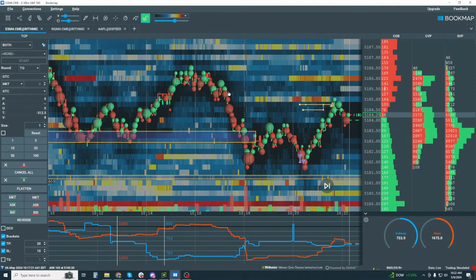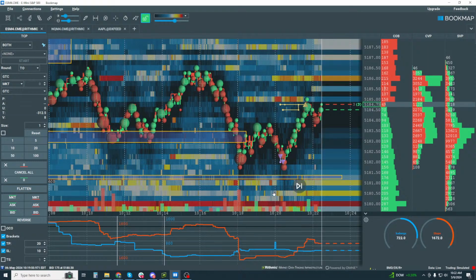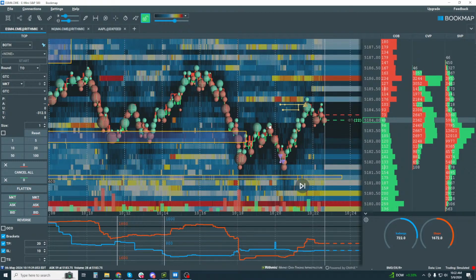Okay, so we see the sellers come in, and we get the move below these swings here on heavy selling. Our high liquidity is down here around this 80 level, and we had a low volume pullback through POC. Okay, now coming back and testing POC here, and then we see more sellers coming in. So I would still be looking for this momentum to the downside.